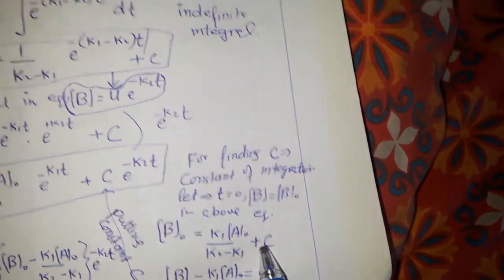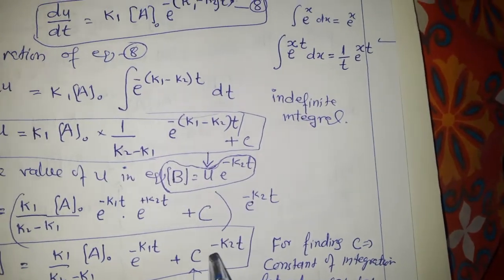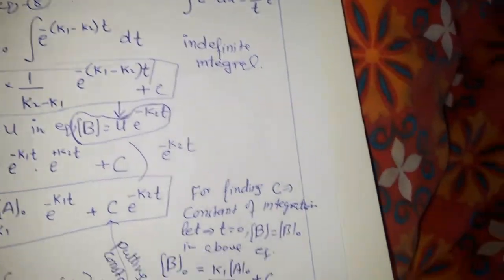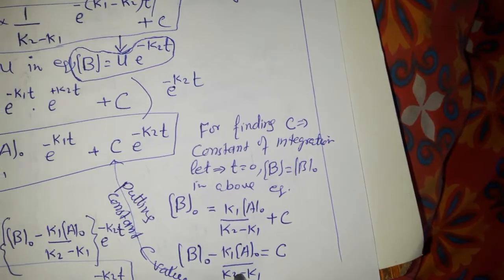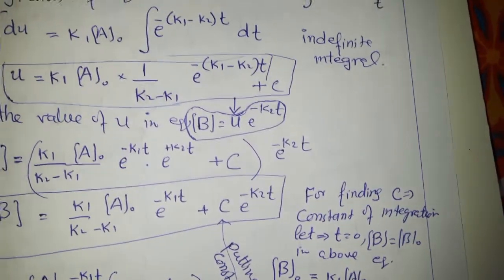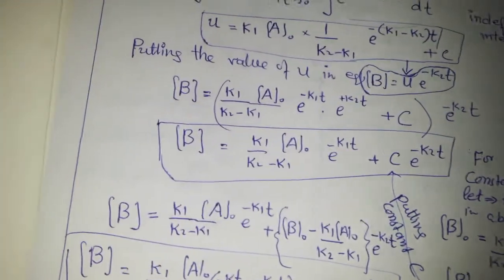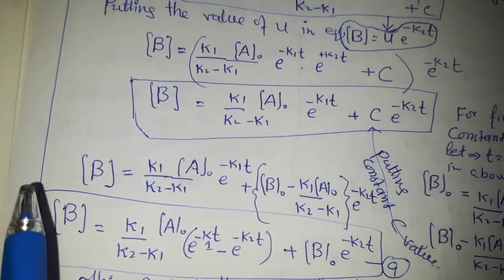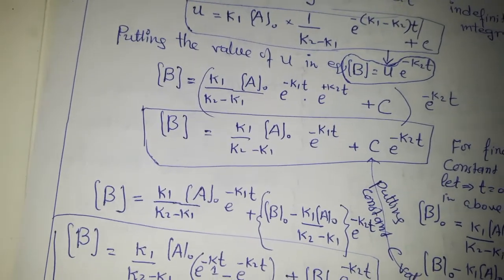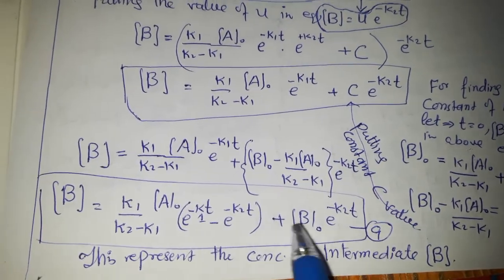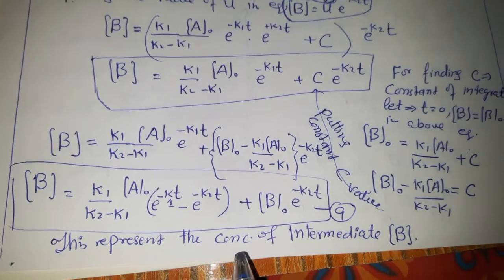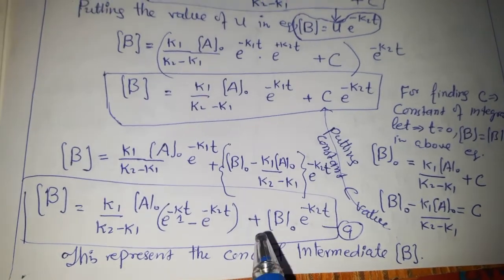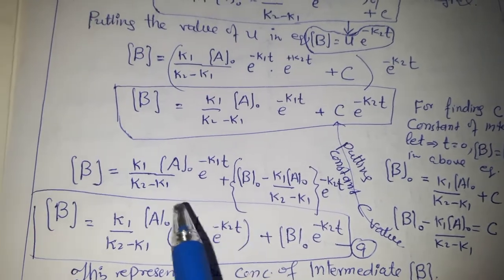So the exponential factor is 1. We get the value of c here, and putting this value of c in this equation, we got the concentration of b in equation 9.